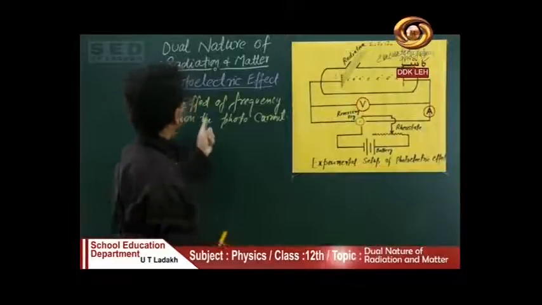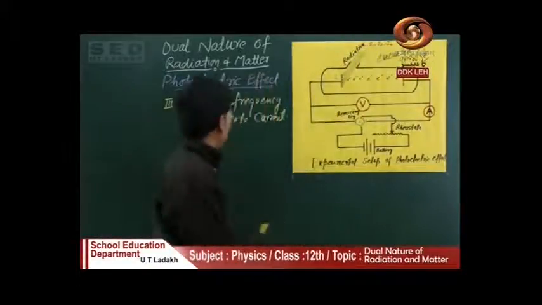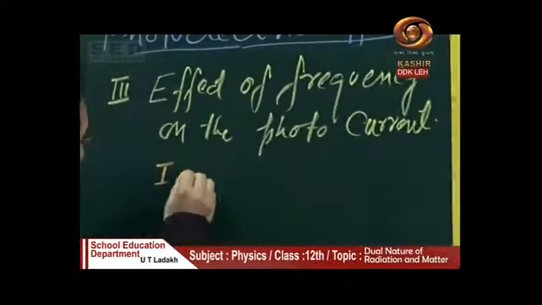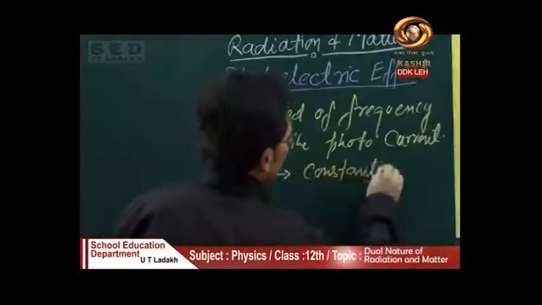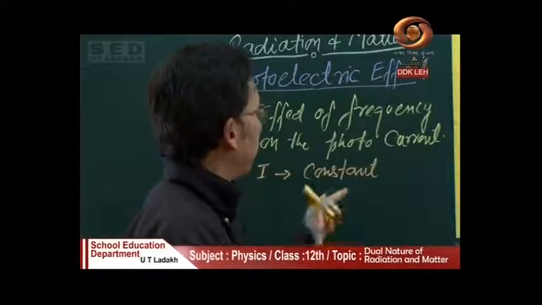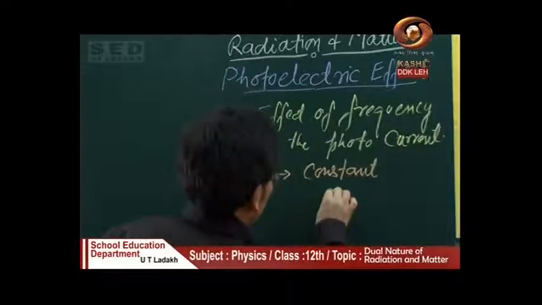So in this experiment we will keep the intensity of the radiation constant. I will write here: intensity will be kept constant. Now I am changing the frequency of the incident radiation. So if we plot the graph, we will get a graph like this. Let me draw the graph.